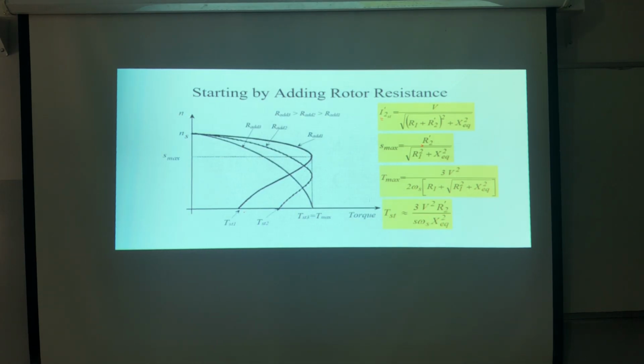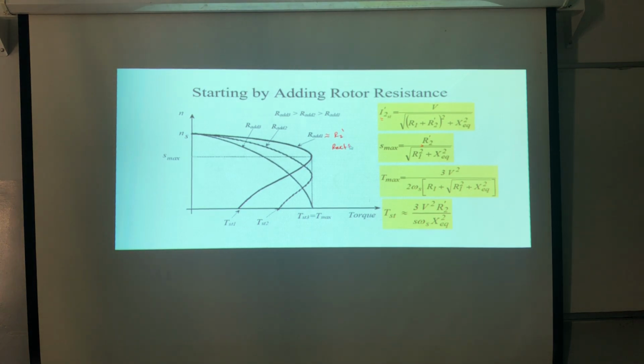So simply here I'm having three scenarios where I'm adding a resistance. Now R add 1, let's assume this one is R2 dash, which means that R external here equals 0.